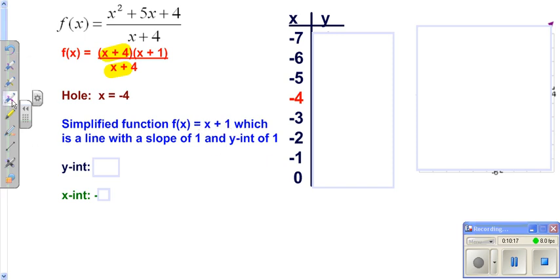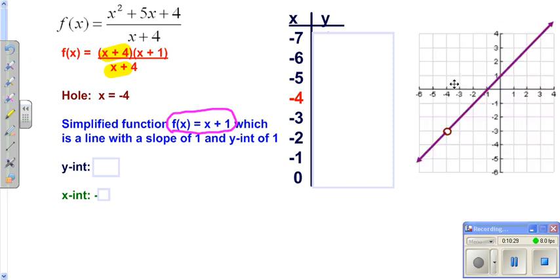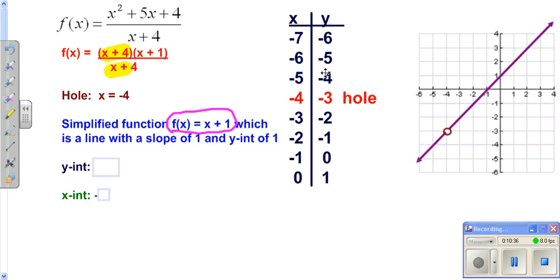Well, that should be fairly easy to graph. You know that that's an equation of a line with a slope of 1, because that's what's in front of your x, and a y-intercept of 1. So you could just draw yourself a line, slope of 1, y-intercept of 1. But if you wanted, you could make yourself a t-chart. Now, making yourself a t-chart, I would go ahead and plug stuff into here.